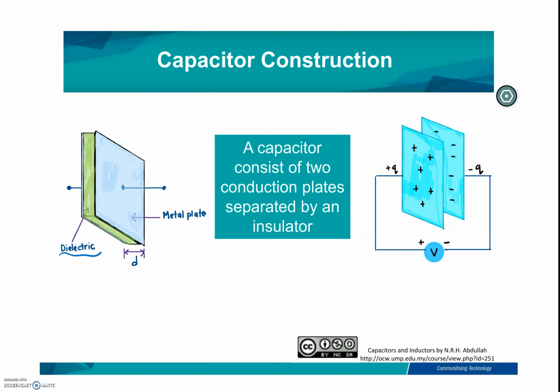In terms of the electrical diagram, this is the plate, and in between the plates is a dielectric, and then the voltage source or current will flow through the plates. This is the construction of a capacitor.